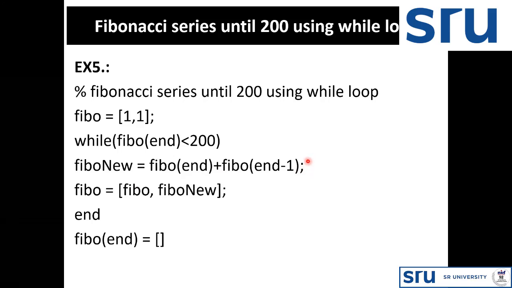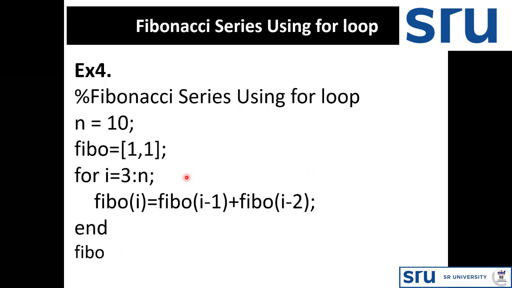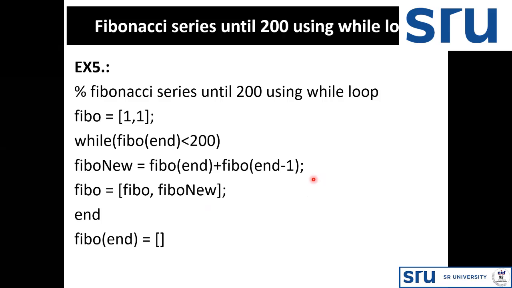Is there any doubt? Nothing but what we have previously written. This Fibo i, suppose at the third position, Fibo i means Fibo 3 is equal to i minus 1, meaning 2, Fibo 2 plus Fibo 1. So the same thing is written in another way. Okay. So now you have to get Fibo is equal to Fibo plus Fibo new.